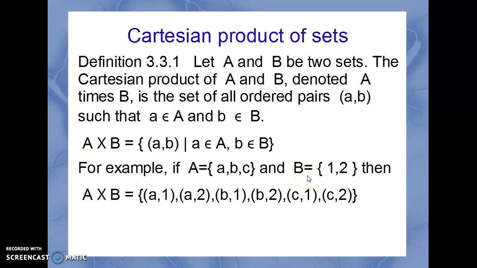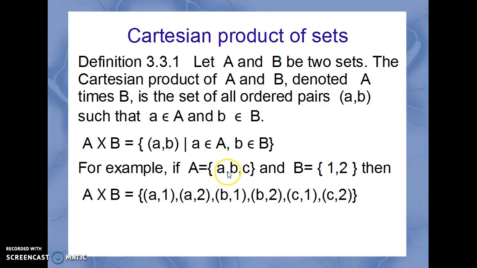Then the Cartesian product of the sets is performed like this. The Cartesian product of A and B equals (A,1), (A,2), (B,1), (B,2), (C,1) and (C,2). Set A has elements A, B and C, and set B has elements 1 and 2.